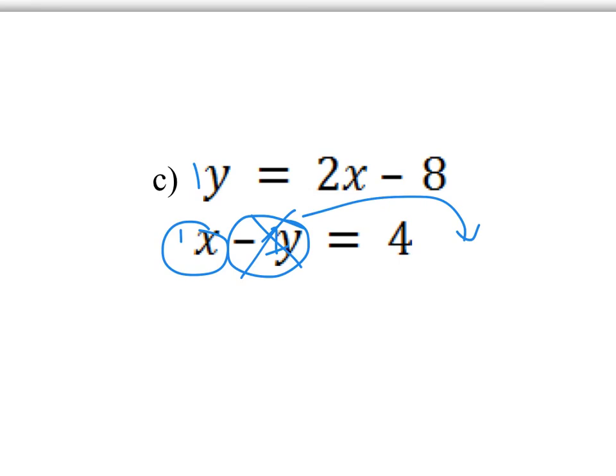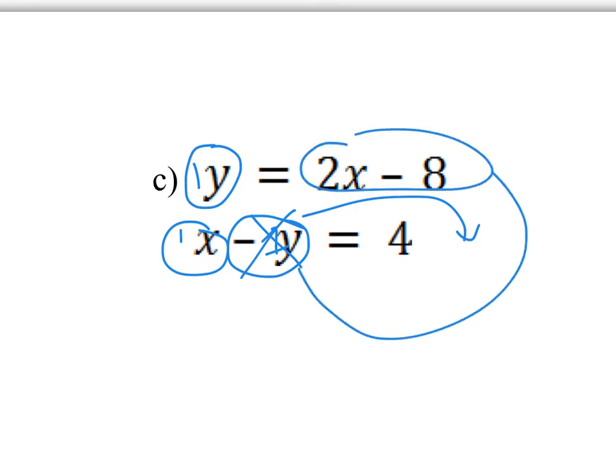But if I really think about it, this y is already by itself. It's already completed step 1 of isolating for the variable. Y is 2x minus 8. So all I'd have to do is replace y with 2x minus 8 and remember that there's a -1 in the front. Again, you're going to be checking your solutions against the answer pages provided on Google Classroom.